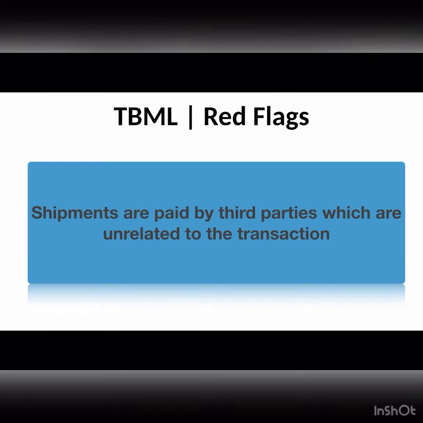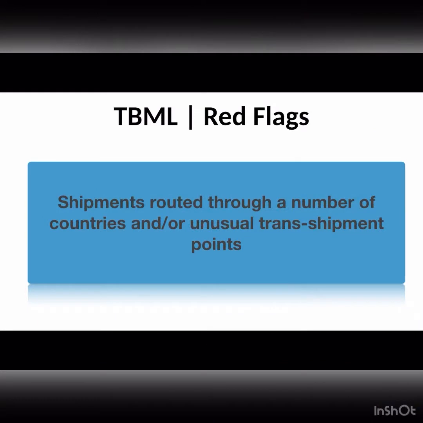And apart from this, payment is sometimes made to a beneficiary account held in a country other than the stated location. Sometimes there are unusually favorable payment terms such as an interest rate far above the market rate. Shipments are routed through a number of countries or unusual transshipment points.